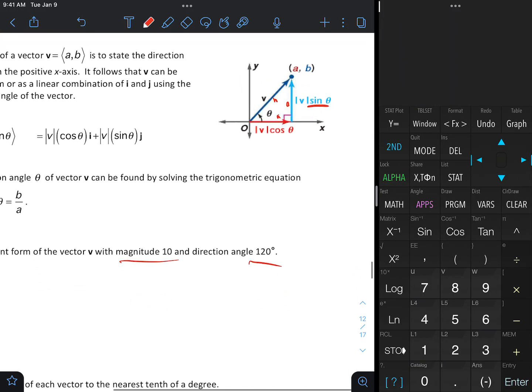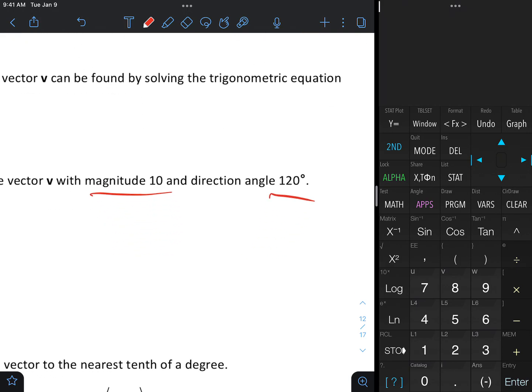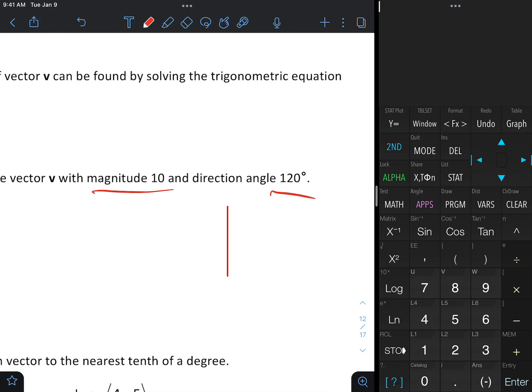Now, what's a little bit different here is sometimes we'll give you angles bigger than 90 degrees, so it might not be in that top quadrant. On this one, if you sketch a vector with an angle of 120 degrees, usually if they don't say anything, they're assuming from the positive x-axis. That'd be somewhere over here, with start and end points, and a magnitude of 10.